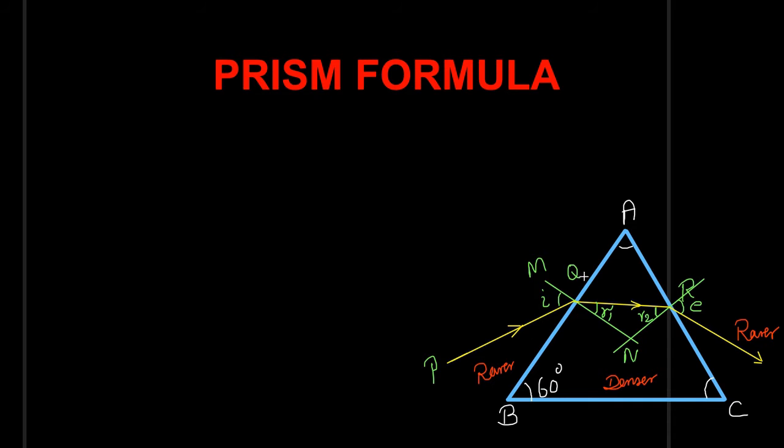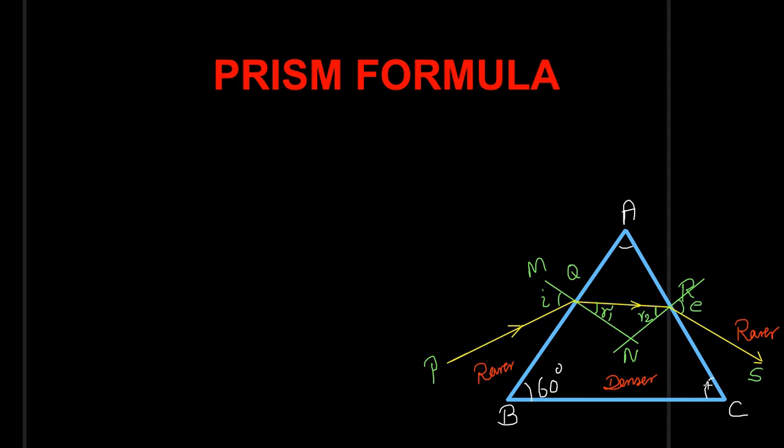So i is the angle of incidence at the first face, where r1 is the angle of refraction. The refracted ray QR is the incident ray to the face AC, and after refraction it passes into the rarer medium, and the refracted ray is named RS. r2 is the angle of incidence and e is the angle of emergence for the ray on the face AC.